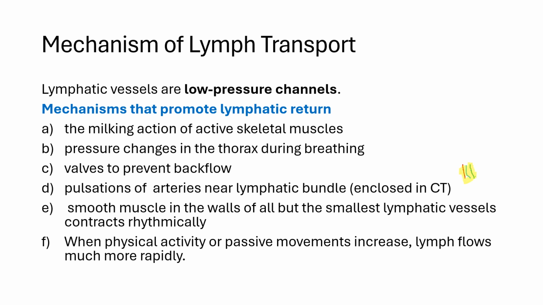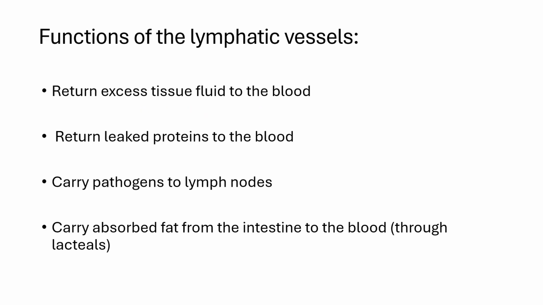So this lymphatic vessel, because of the pulsation of this artery, the lymph is going to move up. And then there are smooth muscles in the walls of the larger lymphatic channels. And then also physical activity or passive movements all increase the lymph flow.